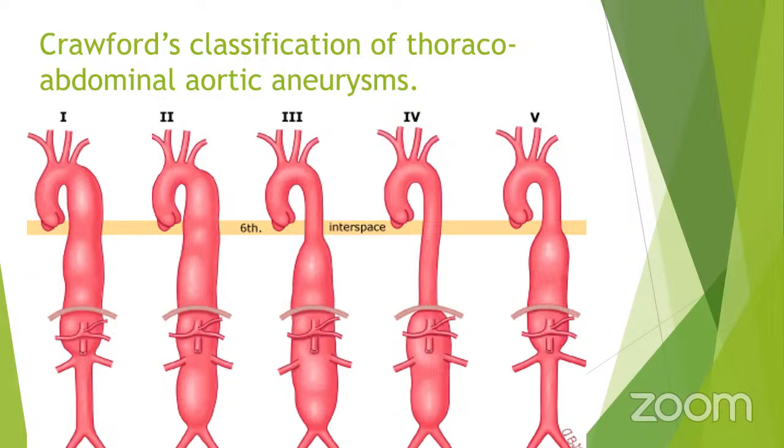Extent 3 involves the lower descending thoracic aorta and the majority of the abdominal aorta. They arise in the distal half of the descending thoracic aorta, below the sixth intercostal space, and extend into the abdominal aorta. Extent 4 involves most or all of the abdominal aorta from the level of the diaphragm to the aortic bifurcation.